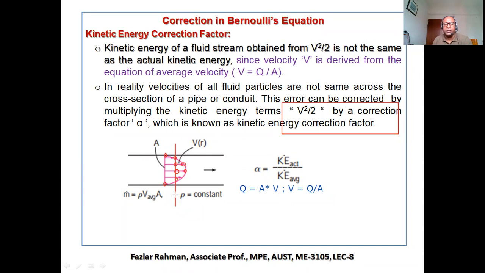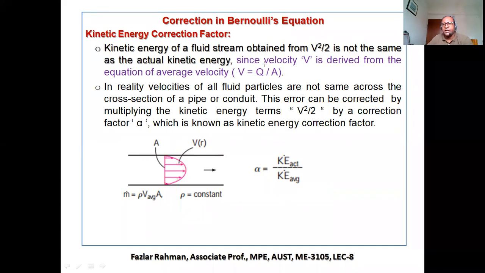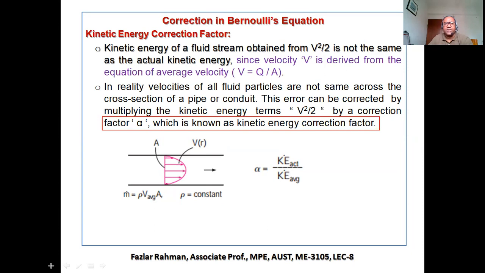For that reason, we use a correction factor called alpha, known as the kinetic energy correction factor. It is the ratio of actual kinetic energy divided by the kinetic energy figured out by average velocity.